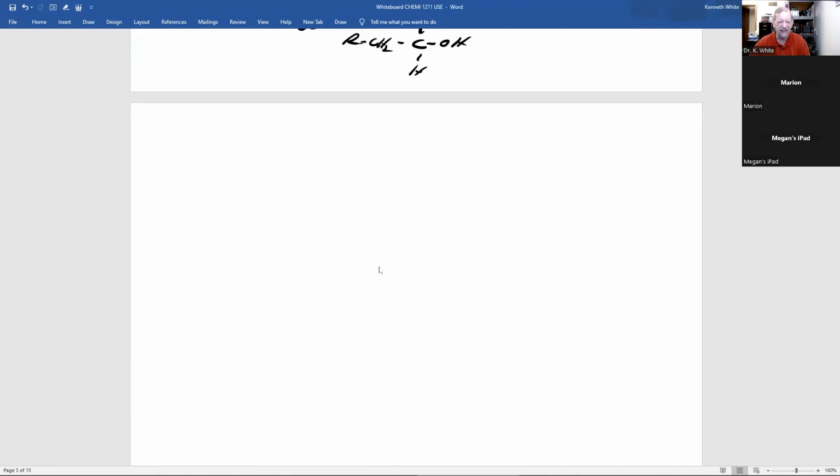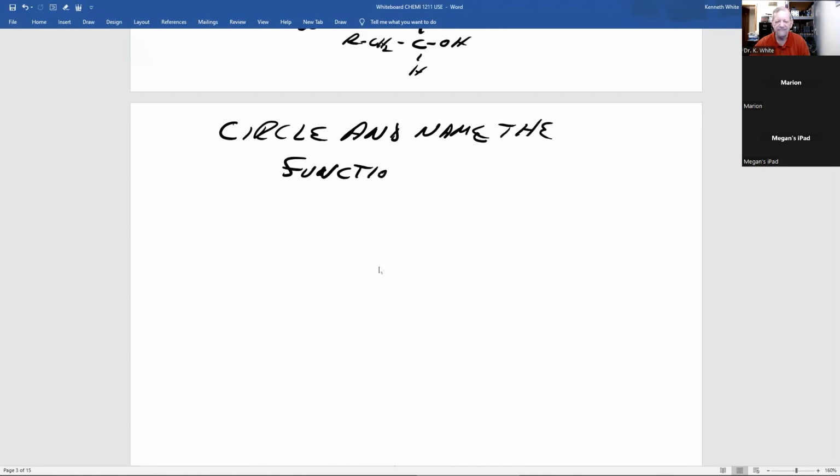Let's play that fun game, circle and name the functional group or groups, 2 points each. That's that fun game where you circle and name the functional group, not the whole molecule.